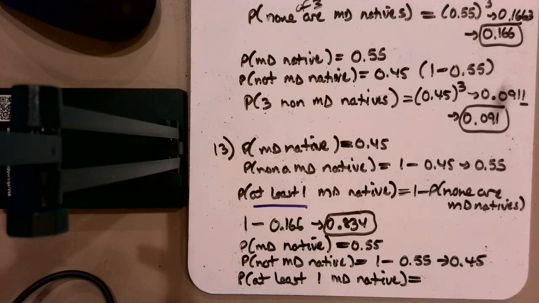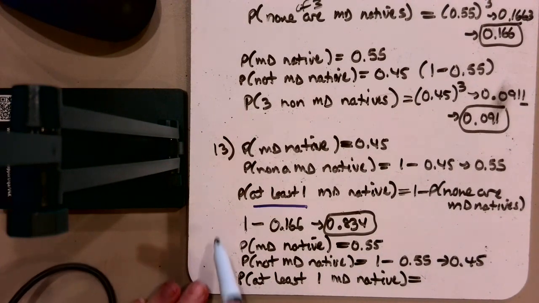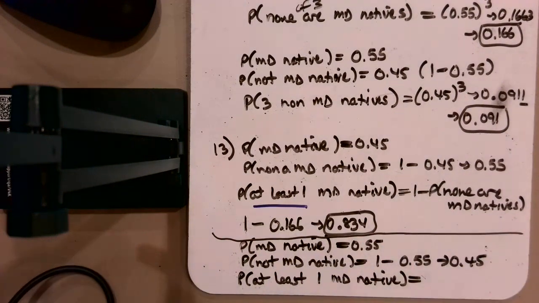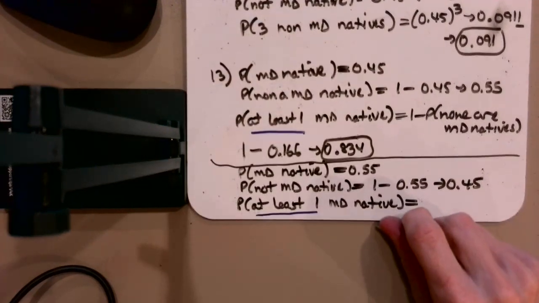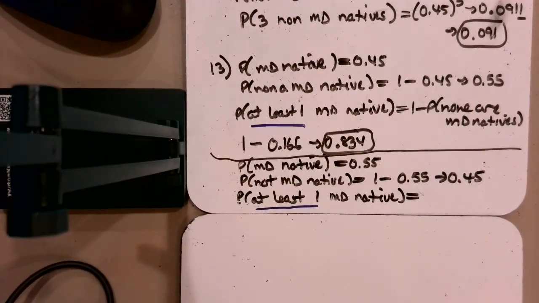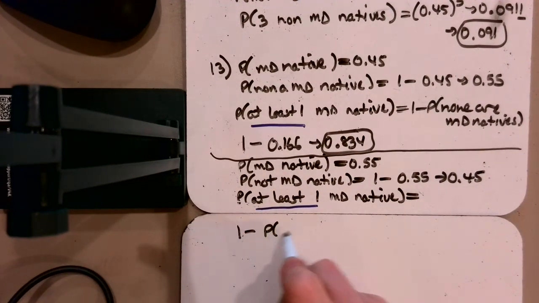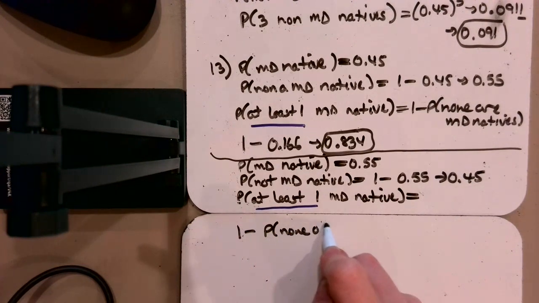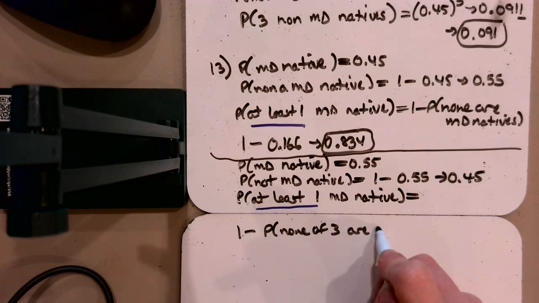When the probability of a Maryland native is 55% in this version, at least one, again, is the complementary event to none. So we're going to take 1 minus the probability that none of the 3 are Maryland natives.